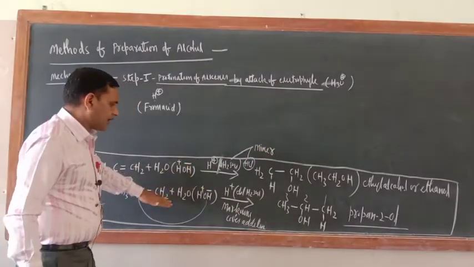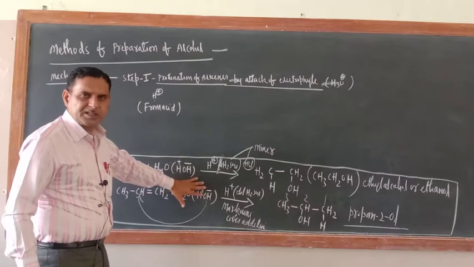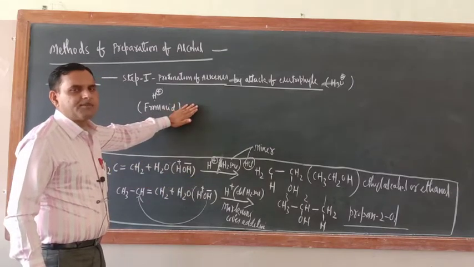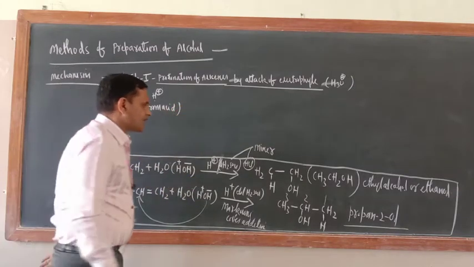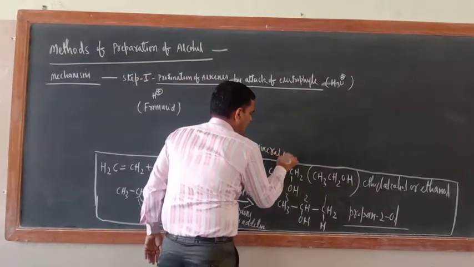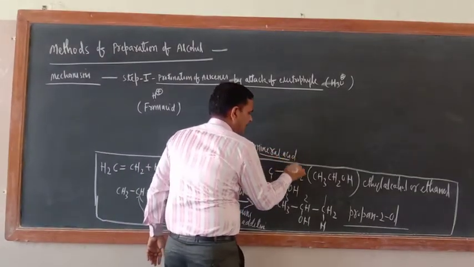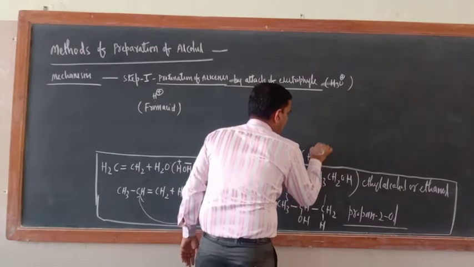Purposely I have not deleted these two reactions, because when the reaction is written, it will be easy for you to understand the mechanism. Any mineral acid you take must furnish H positive ion.